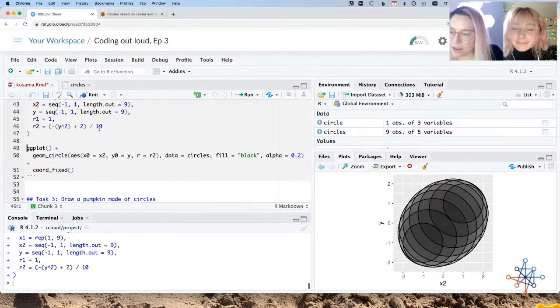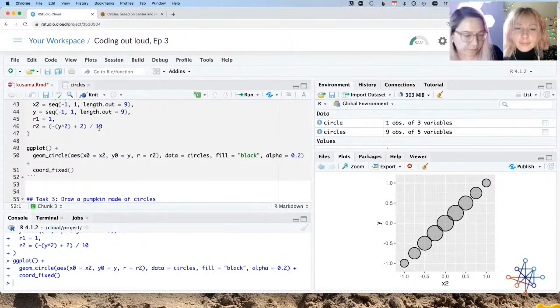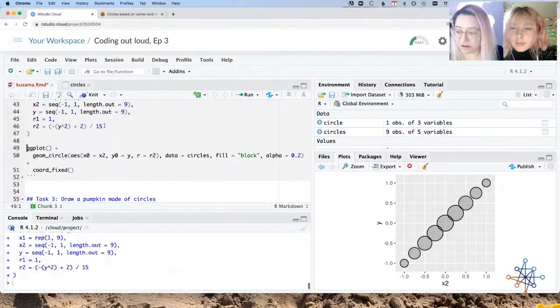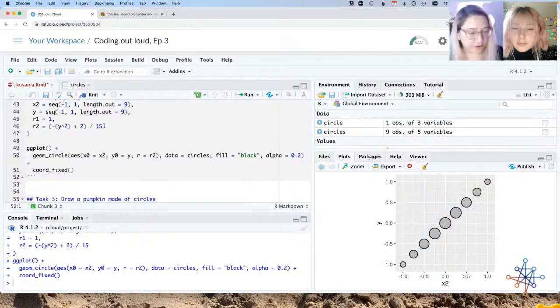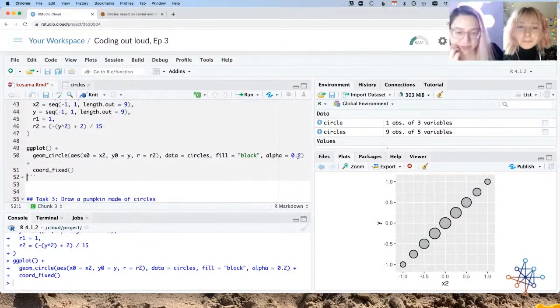Divide by something. Oh, there we go, that looks great. Okay, so now they're touching. Divide by something bigger, make the radii smaller. That looks good. Okay, so maybe that is it, and then let's get rid of this alpha now that we can see where things are.